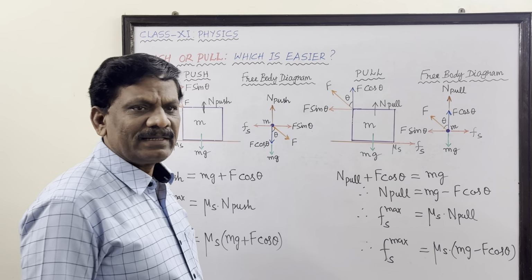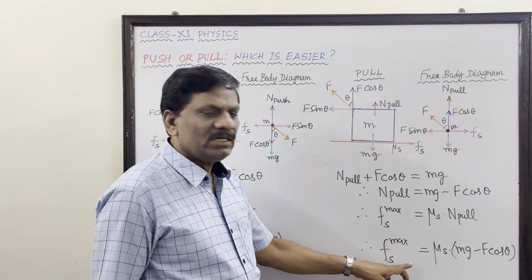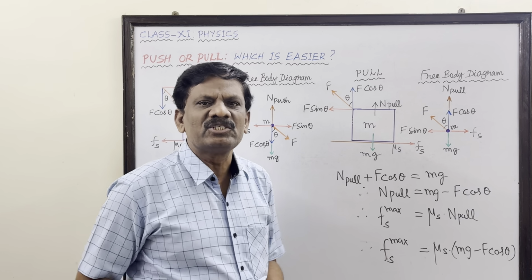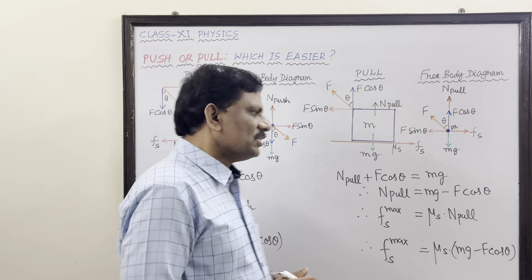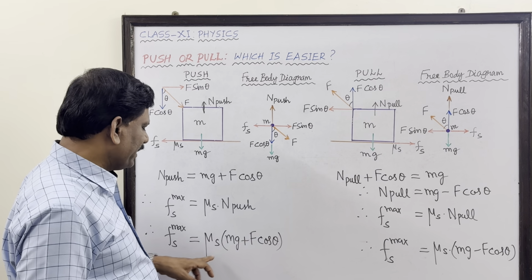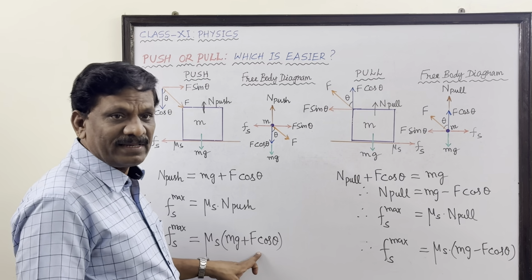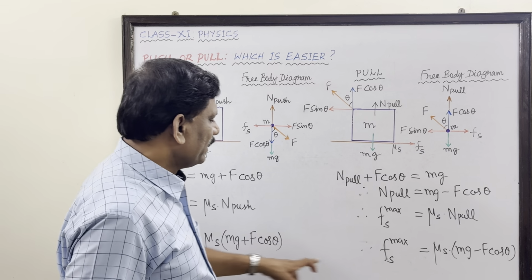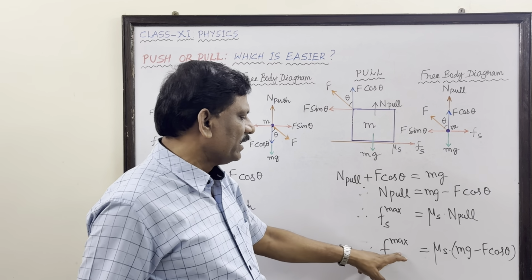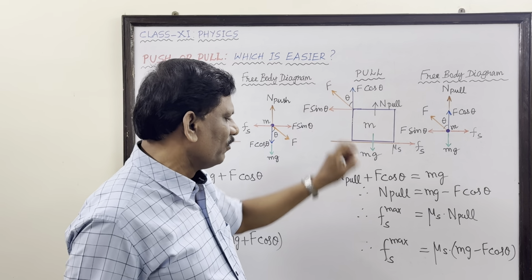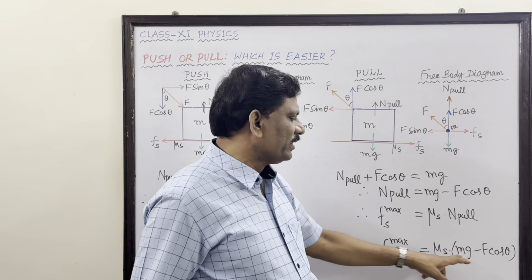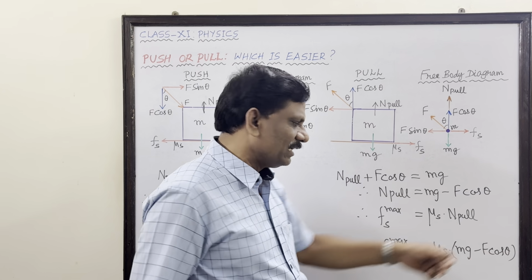If you compare the frictional force in the two cases, friction is the opposing force. Here the opposing force Fs maximum is mu s into (mg plus F cos theta) for pushing, whereas for pulling an object with the same applied force, Fs maximum is mu s into (mg minus F cos theta).